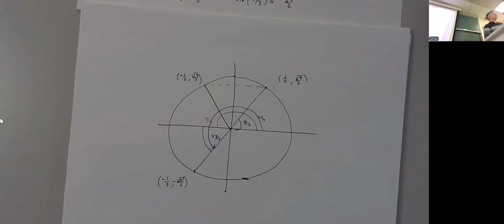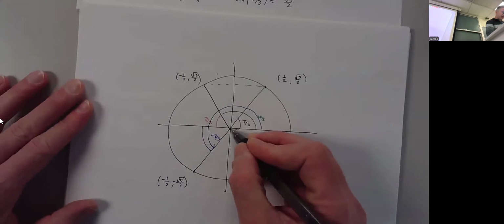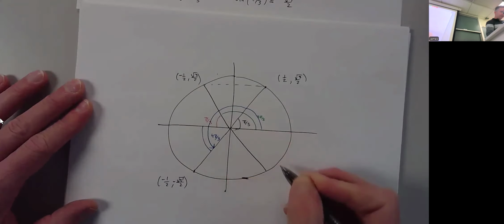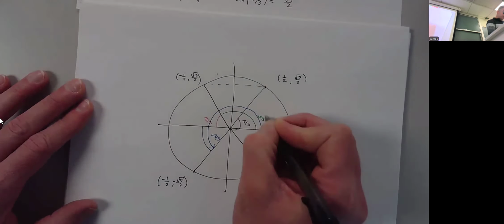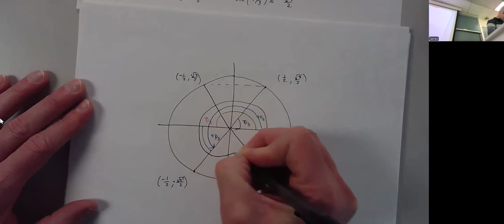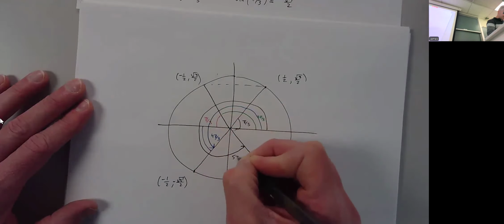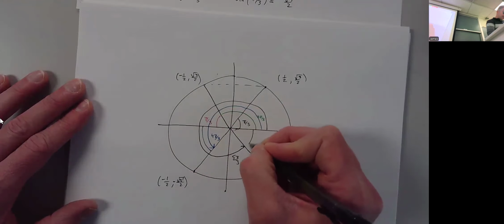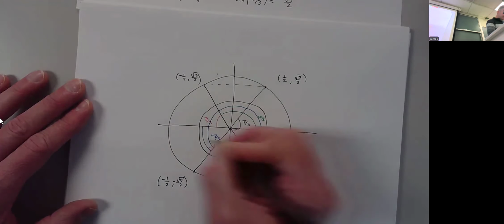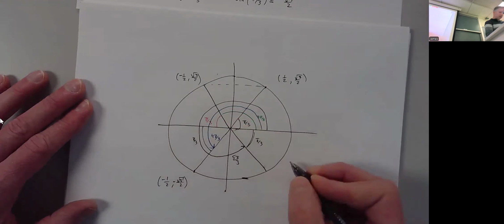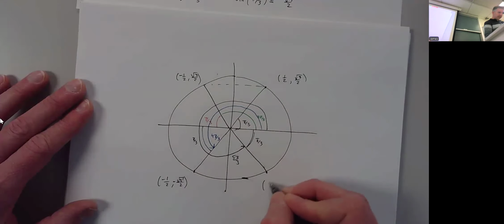But they're all the same because we're just bouncing back and forth between here, there, down, and then over here to finish it off. You're at 5 pi over 3, where the reference angle is still pi over 3. This coordinate is positive 1/2 comma negative root 3 over 2.